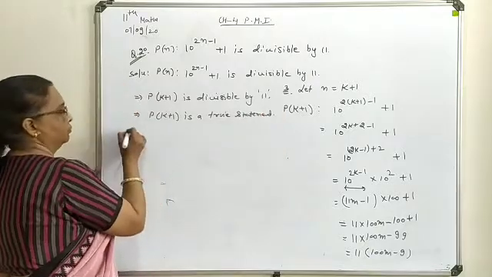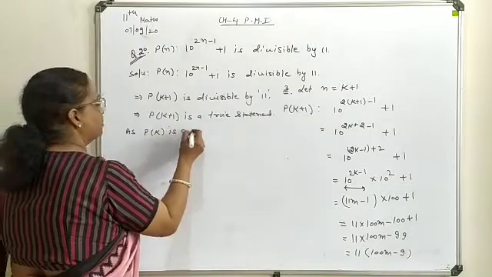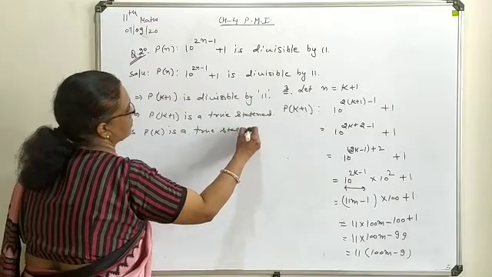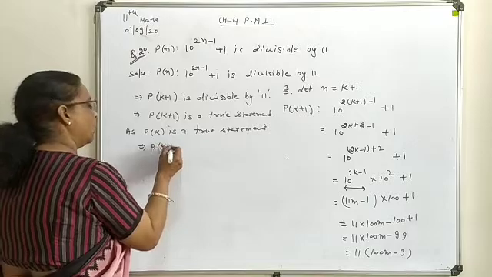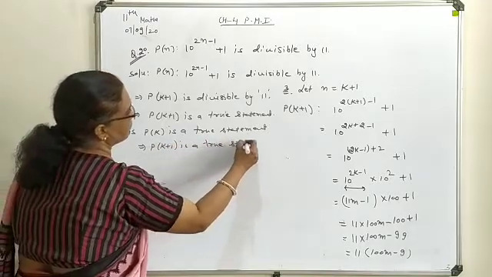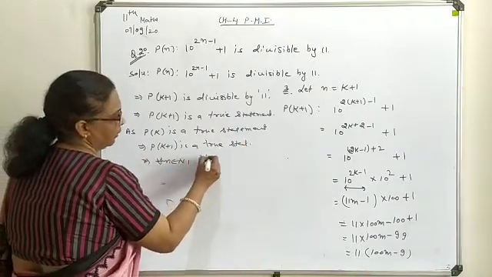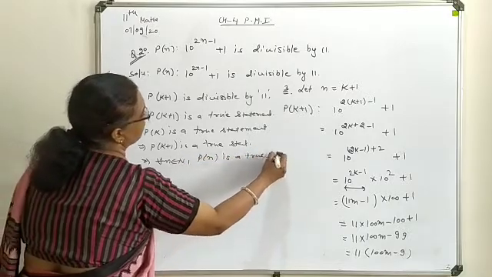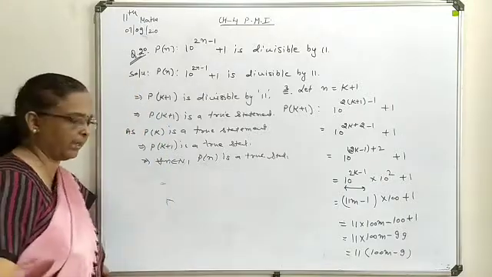As we supposed that Pk is a true statement, you have proved Pk plus 1 is a true statement. Therefore, for all the values of n, Pn is a true statement. This way, this divisibility type of question you can manage.